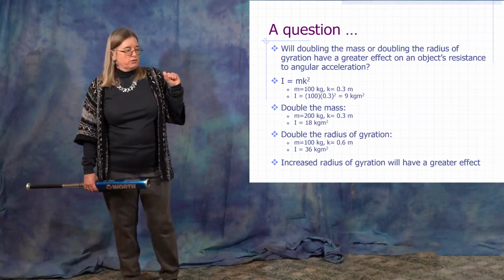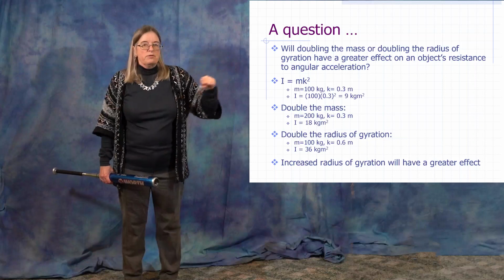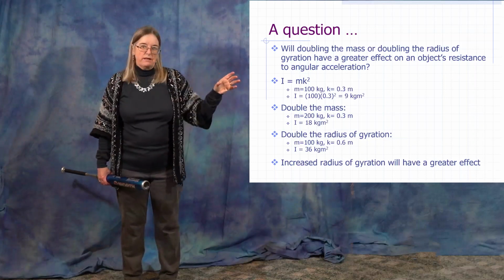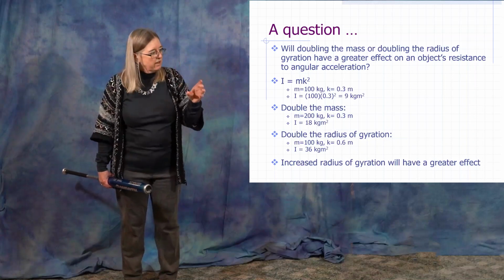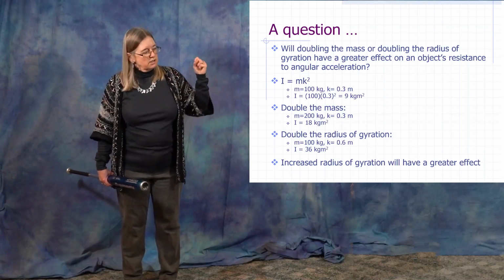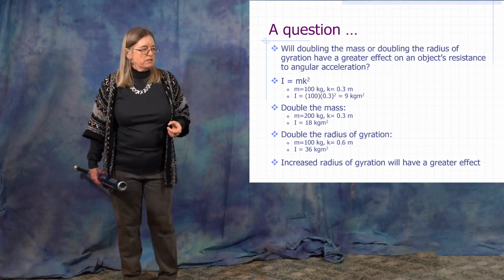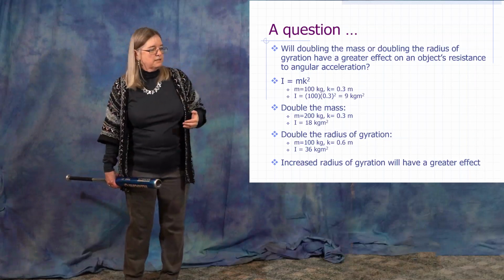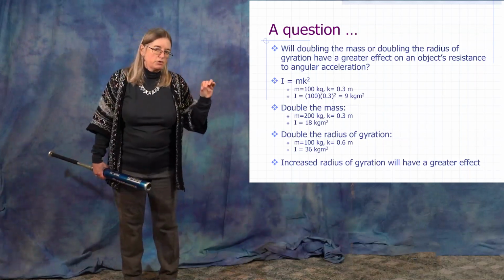What happens if we double the mass? If we double the mass, that gives us 200 kilograms. We still have a 0.3 meter radius of gyration. So we now have a moment of inertia of 200 times 0.3 squared, or 18 kilogram meters squared.